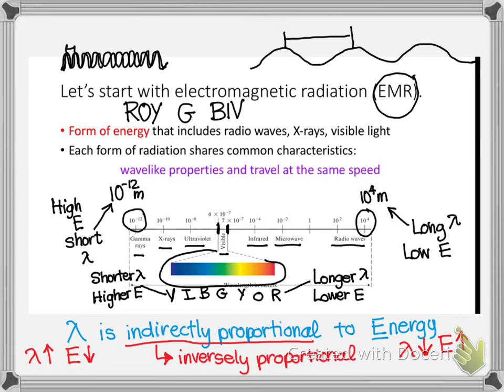If we're thinking specifically about visible light, different colors of light represent different amounts of energy. Red light has a longer wavelength, and so it has less energy than violet light, which has a shorter wavelength.